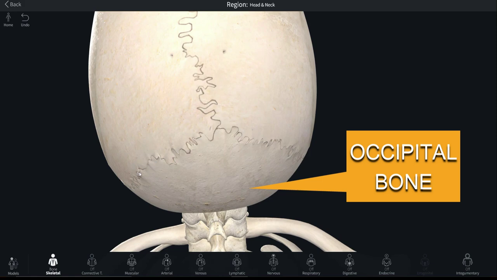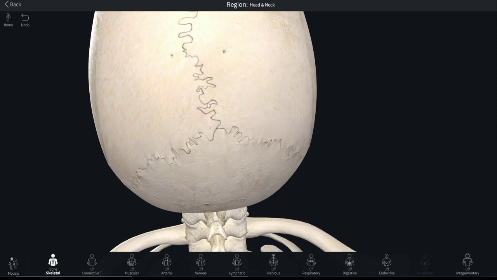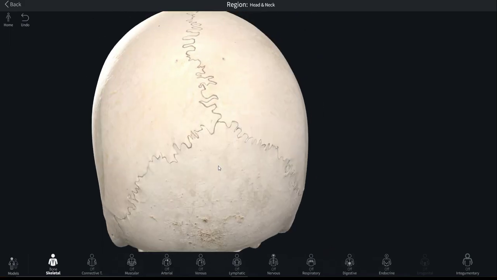So the superior border over here comes and joins with what we can call the squamous part of the occipital bone, or rather the anterolateral borders of the occipital bone. See, this is the occipital bone, and this here is the anterolateral borders of the occipital bone. And obviously over here, this will be the posterior border of the parietal bone.